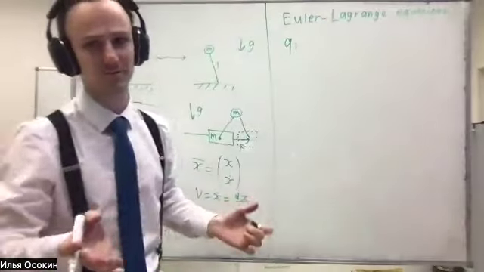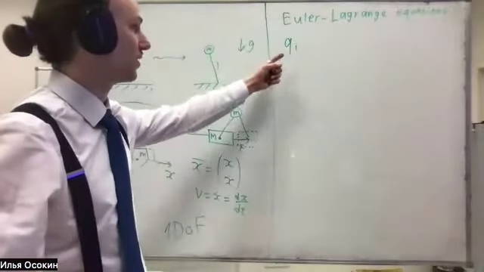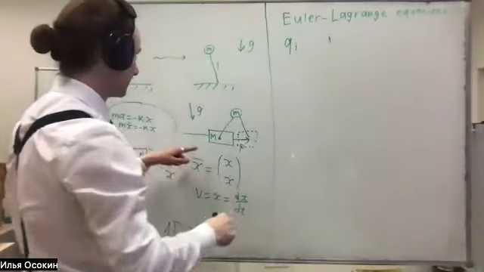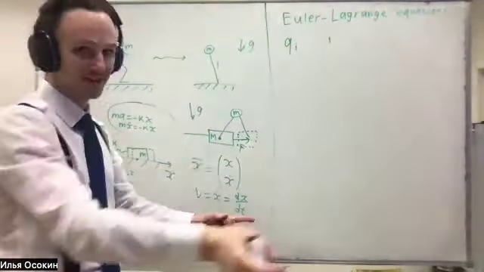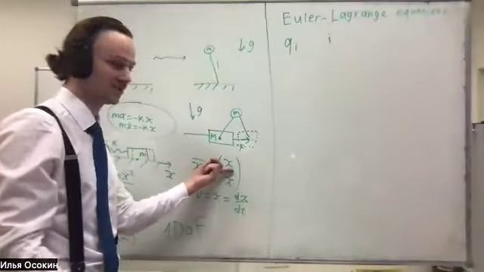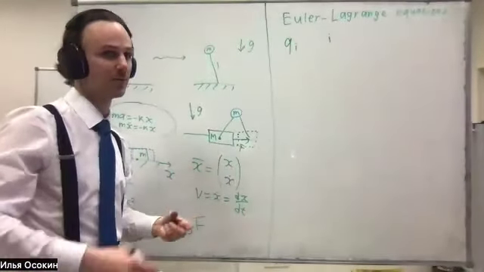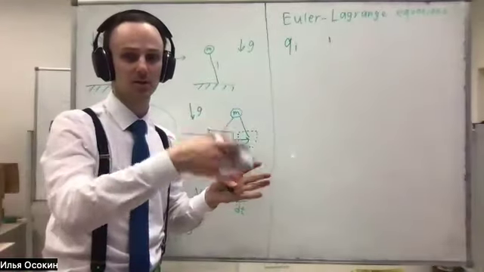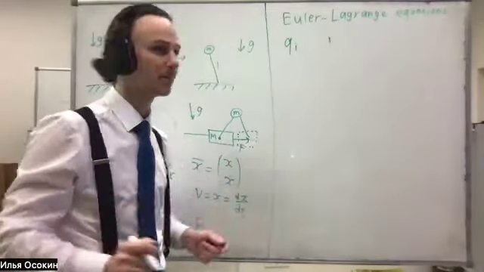It's the traditional notation. In our case, I will run just from 1 to 1 because we have just one generalized coordinate, it's X. But for systems with higher dimensionality, it will be 1, 2, 1 to 3, and so on.